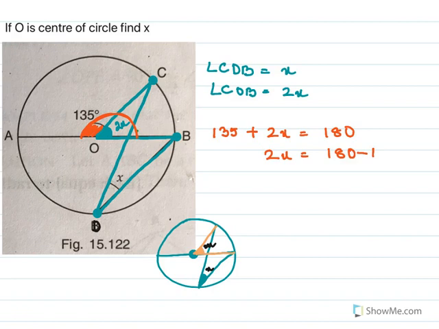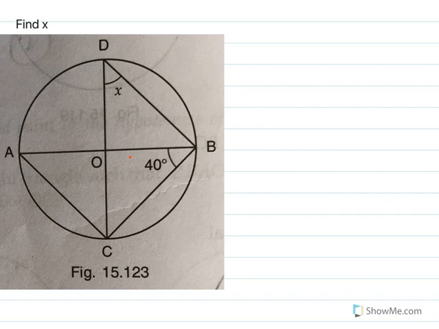So 2x is 180 minus 135. So 2x equal to 45. So x is 45 by 2. So x is 22.5 degrees.